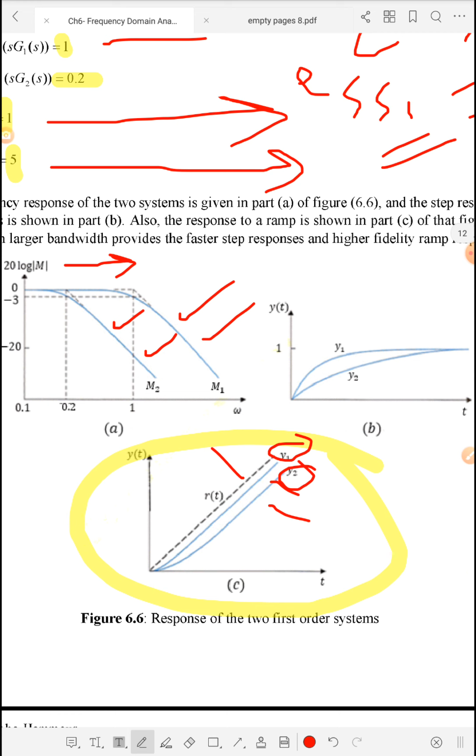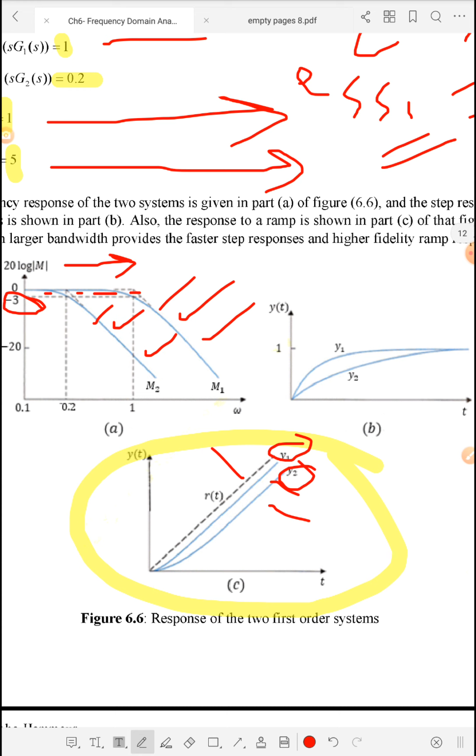And if you remember, we define the bandwidth as the frequency at which the gain will drop to 0.707 or minus 3 dB. So here we have this minus 3 dB line, and we take it horizontal, and its intersection with M1 and M2 will be the bandwidth.